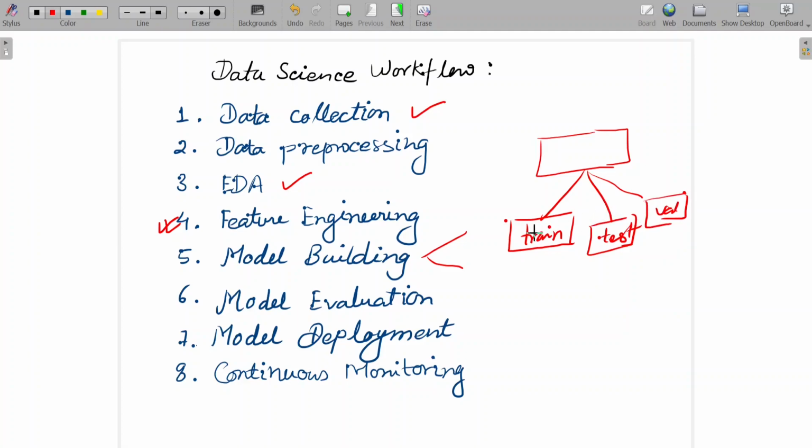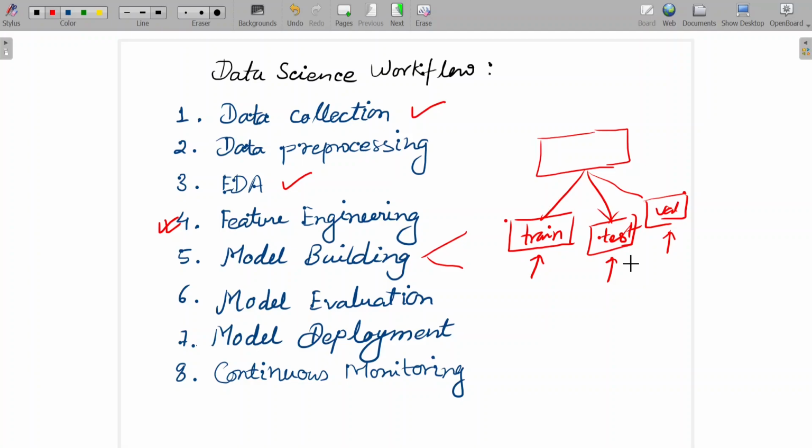Our model will train on this and we will validate on this. After that, we have to evaluate our model on completely unknown data, using some metrics and model performance techniques.